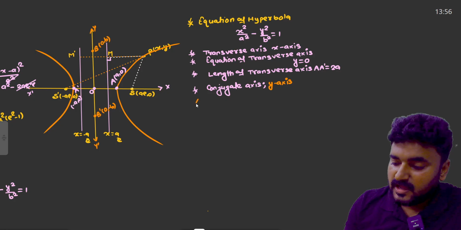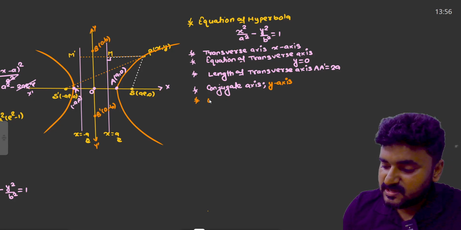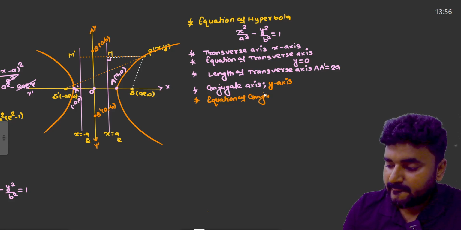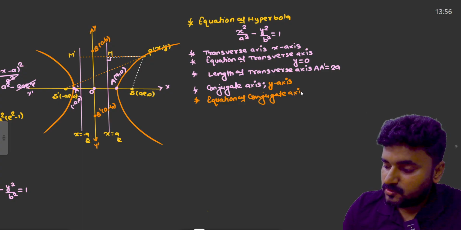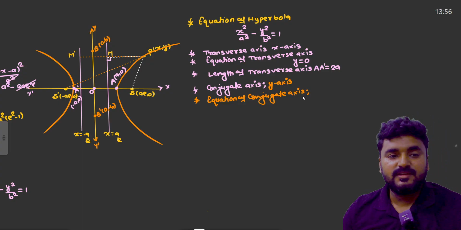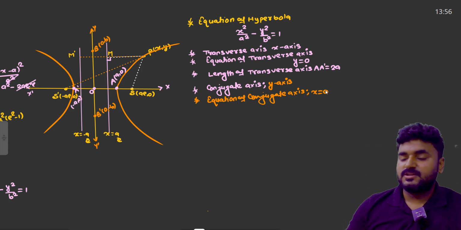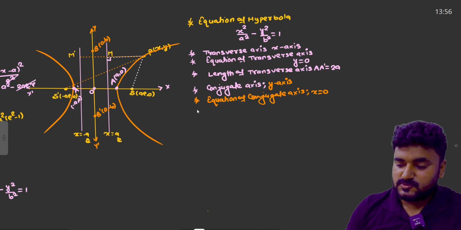Okay. And then if I am asking for the equation of the conjugate axis, the equation of the y axis will be x equals 0. So the equation of the conjugate axis will be x equals 0.